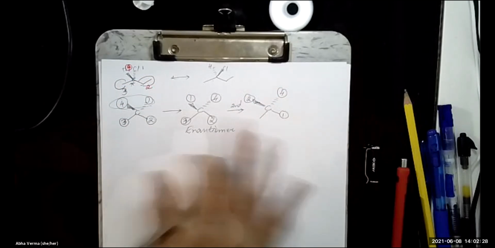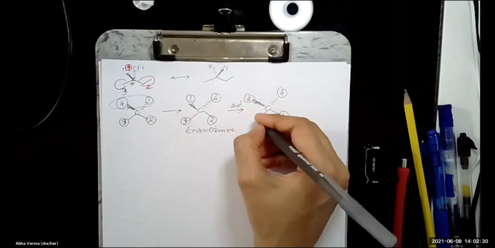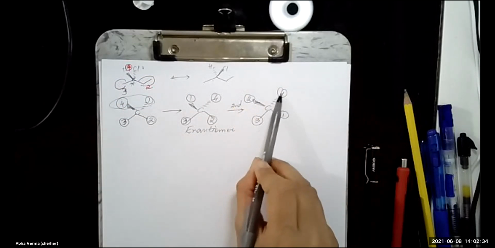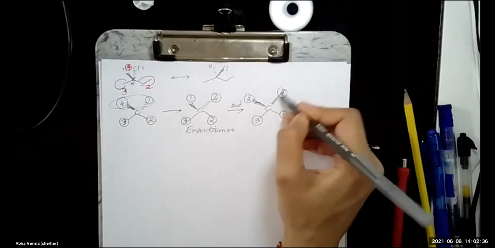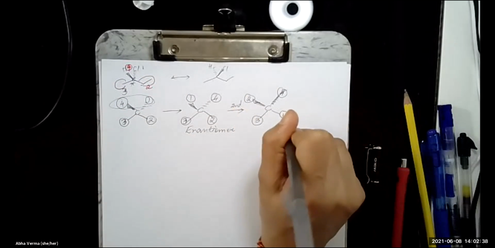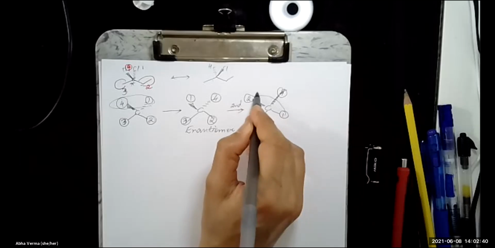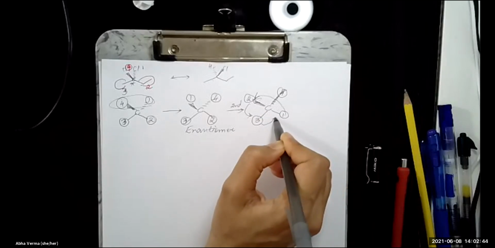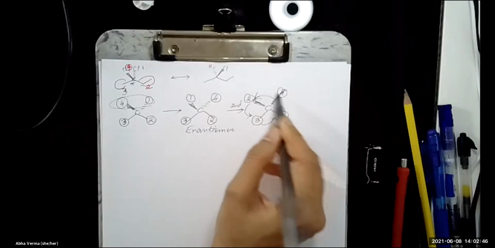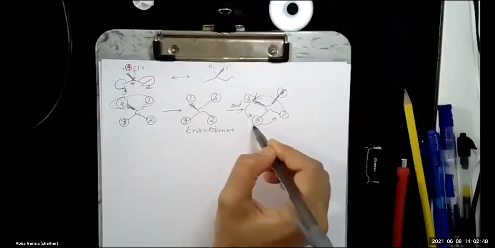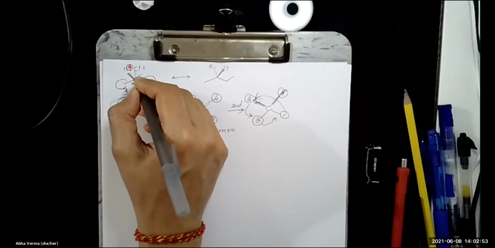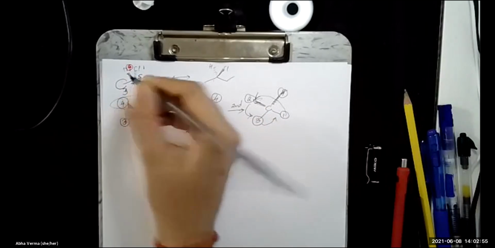And you can switch any group as I was telling you. And so keeping my number 4 at the back, I can completely ignore it. 1 goes to 2, 2 goes to 3. And what kind of a motion do I see here? I see an anti-clockwise motion, and hence this is going to be my S enantiomer.